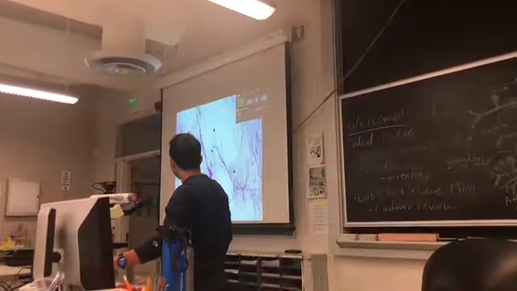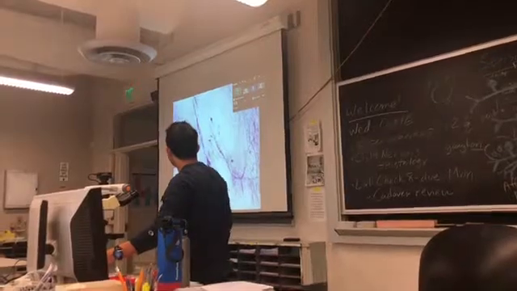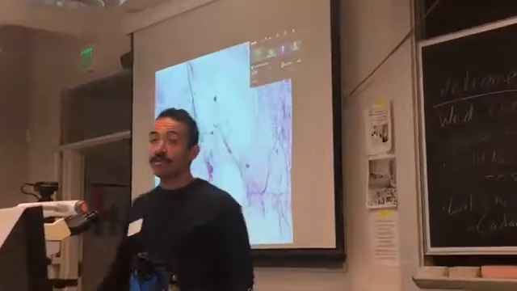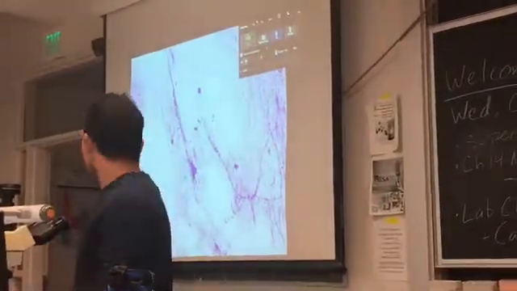So I'm at 40x total. You can see a bunch of little spots. Those are nuclei, but of different cells, not necessarily neurons.